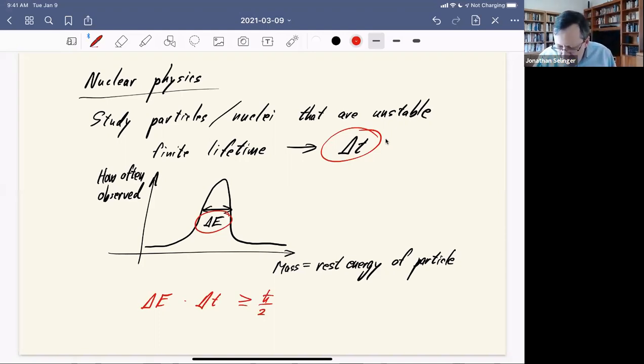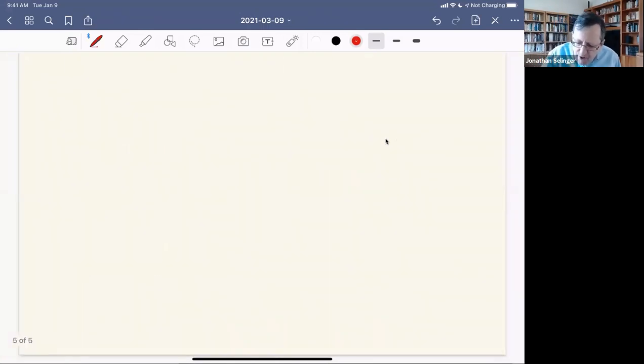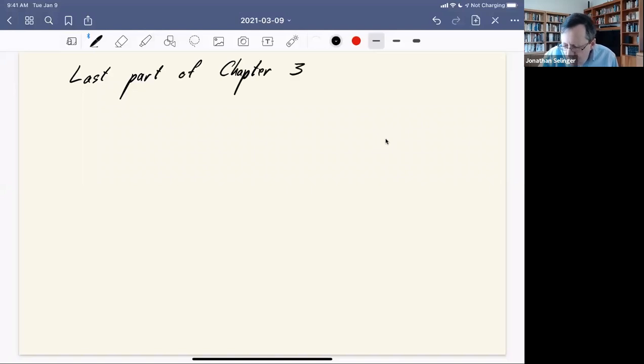In that case, I want to get into the last part of chapter 3. Chapter 3 is talking about this general theoretical approach for quantum mechanics, and we're doing this before we go on to 3 dimensions.